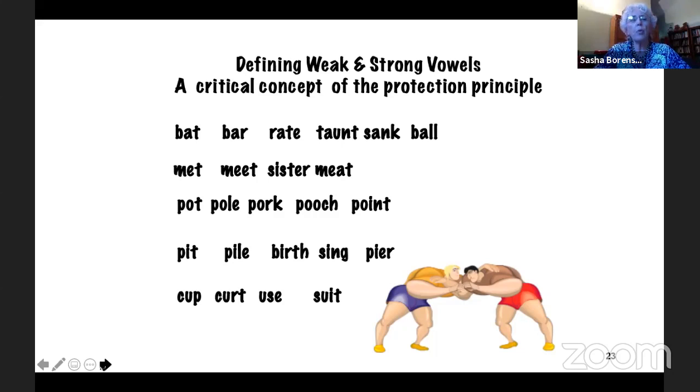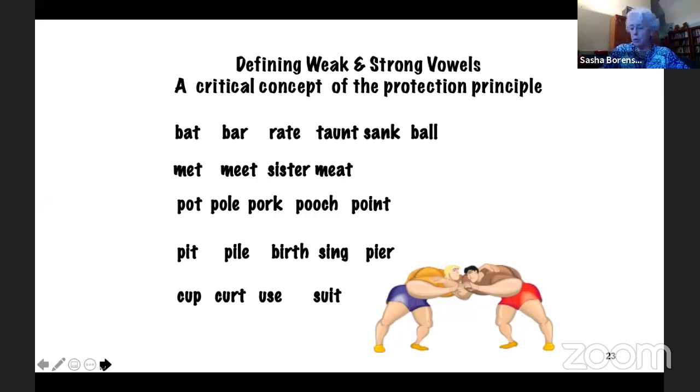This idea of weak and strong vowels, I kind of think about them as wrestlers, and who's the weak wrestler and who's the strong wrestler. That's why I love this graphic that I found one day. So let's go through this like I would go through it with my students and figure out what is a weak vowel and what is a strong vowel together.